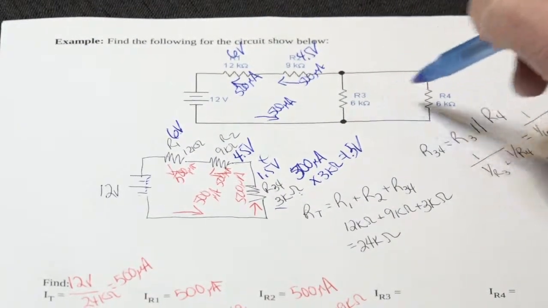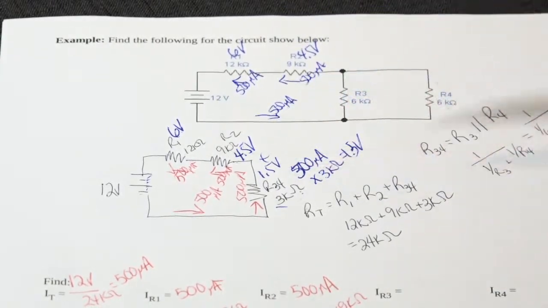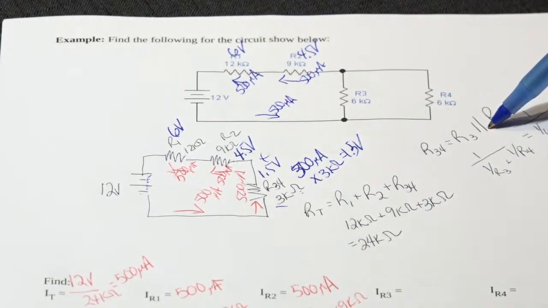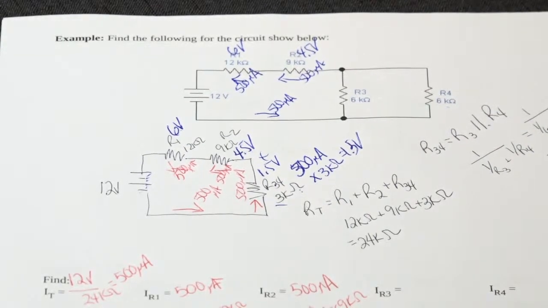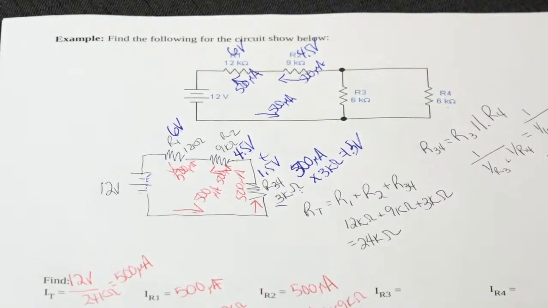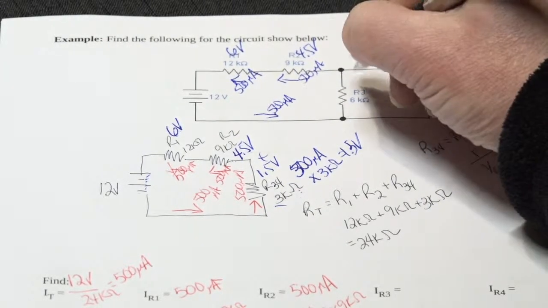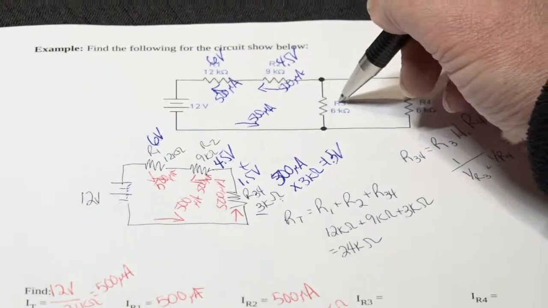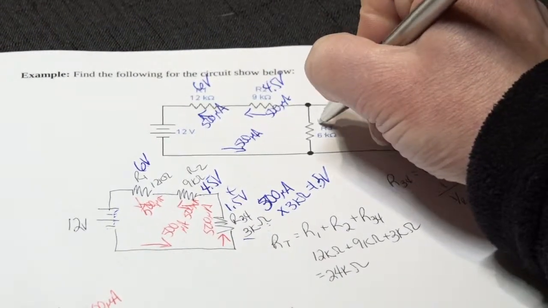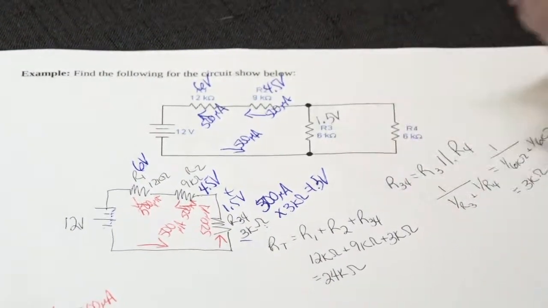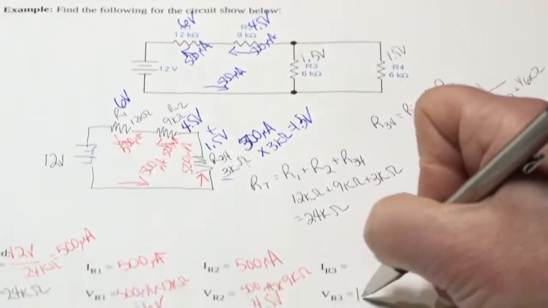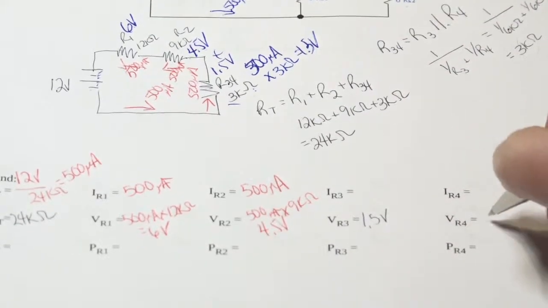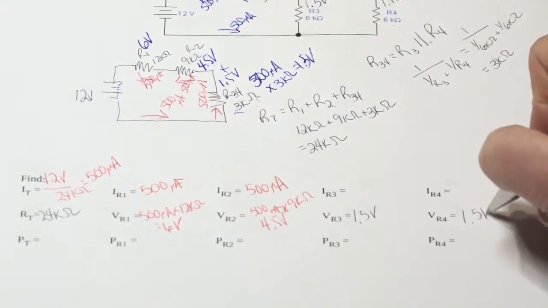Now, these two came from them being in parallel. What do things in parallel share? You got it. They share voltage. So, the voltage across R3 and R4 is both going to be 1.5 volts and 1.5 volts. So I'm going to go ahead and write 1.5 volts here and 1.5 volts here.